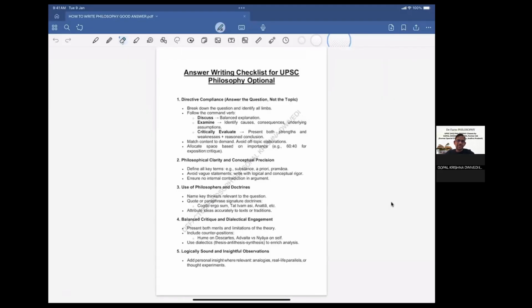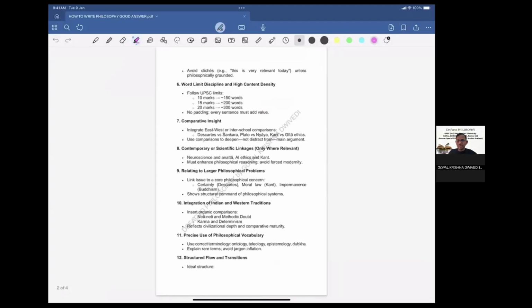I have already put this document in the group, and I request the students who will be writing the test series to keep in mind all these points while answering the questions, so that they fetch better marks, and also their practice is really serious practice. So this is the first document I just want to show.